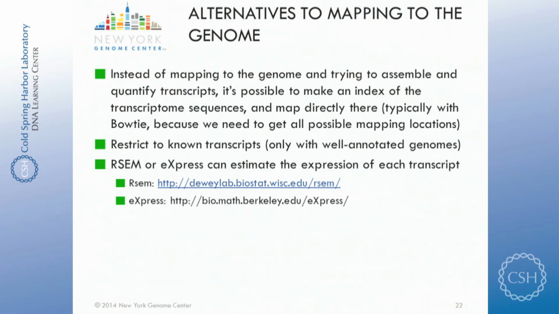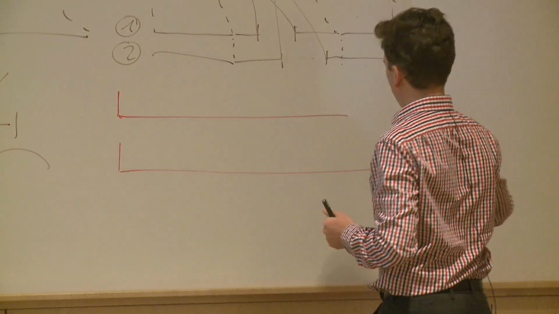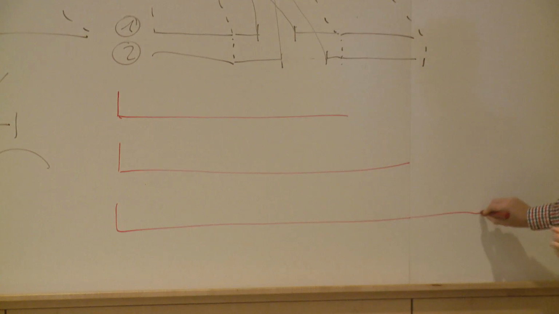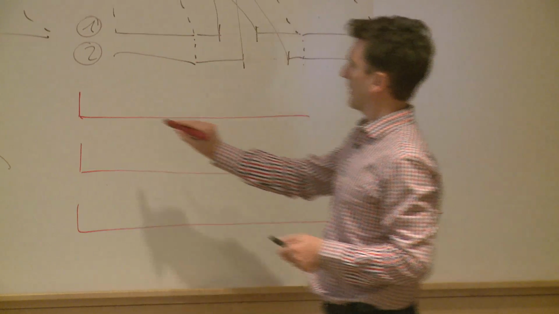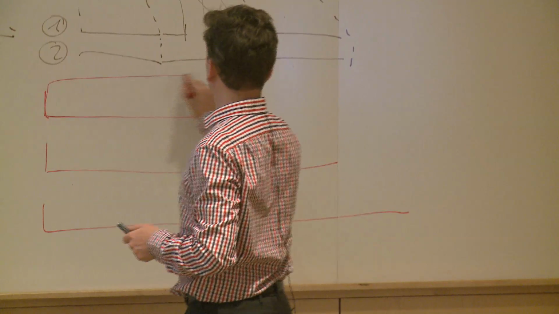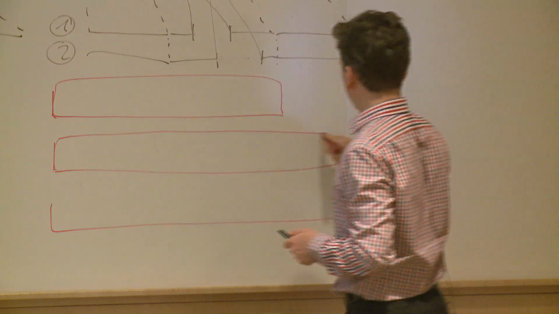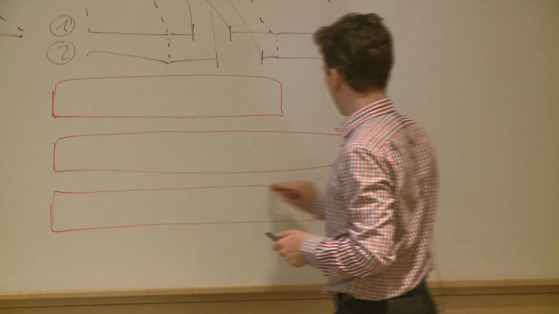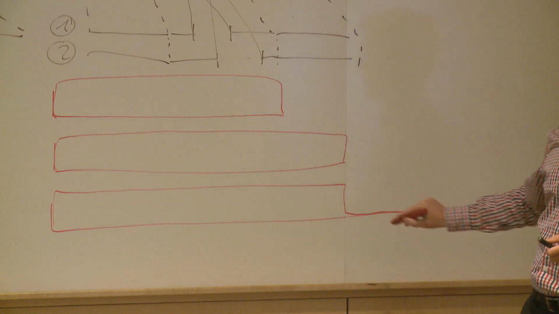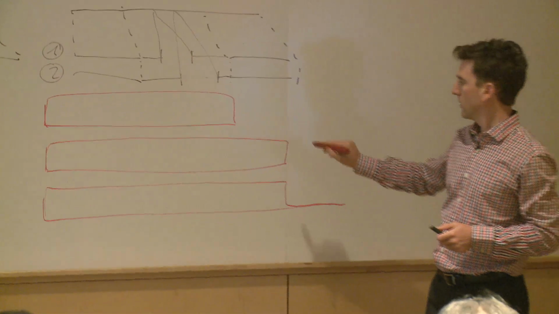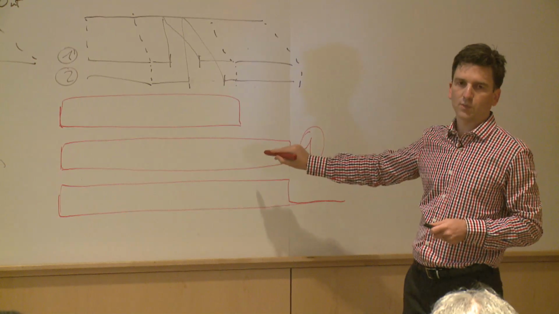Let's say that the isoforms just differ by their UTR lengths. So they are just different sizes, and the coverage on this transcript will be like this, the coverage on this transcript will be like that, and the coverage on the third one will be like that. So if you have those 3 types of coverage, the most likely one is this one. So that's probably the isoform that is expressed in your sample.